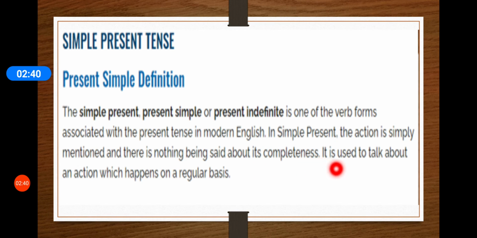It is used to talk about an action which happens on a regular basis. Yes, we have learned that there is nothing that is told about the completeness of the action. And it is used to talk about an action that happens on a regular basis, on a routine basis.